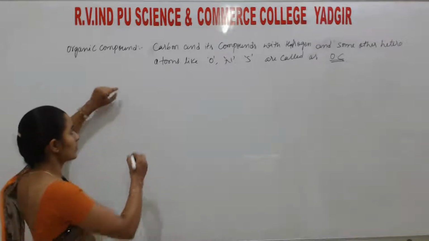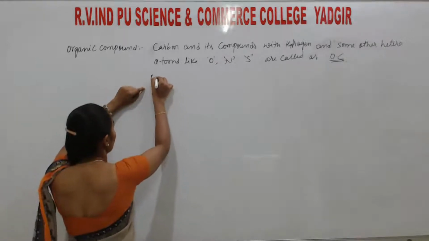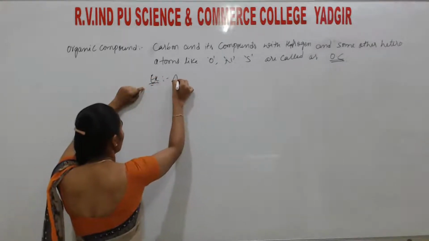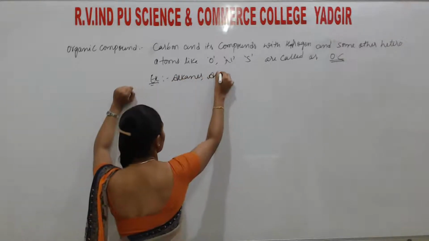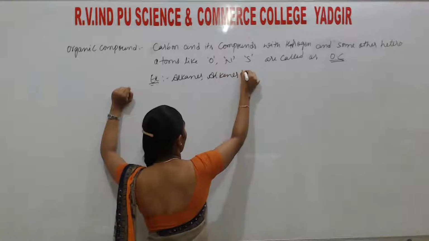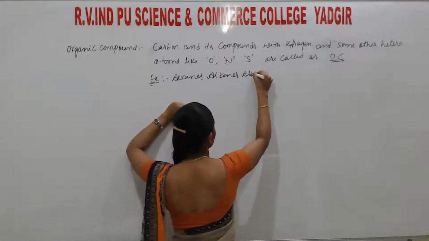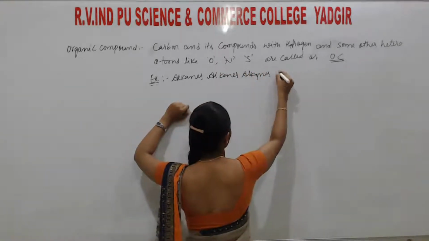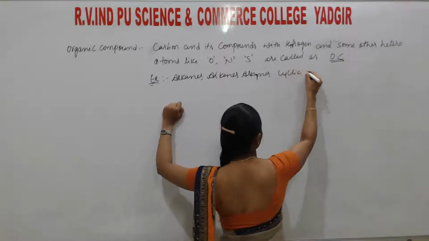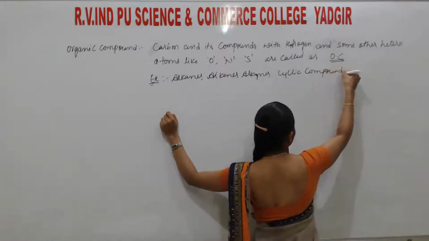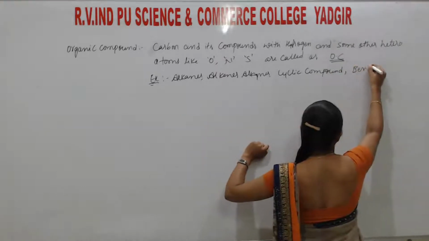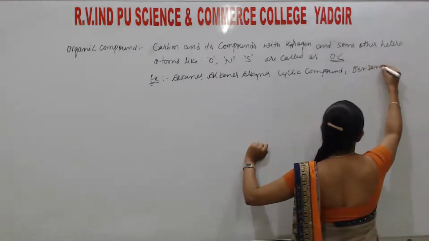For example, students, I'll write all alkanes, alkenes, alkynes, and cyclic compounds like benzene.